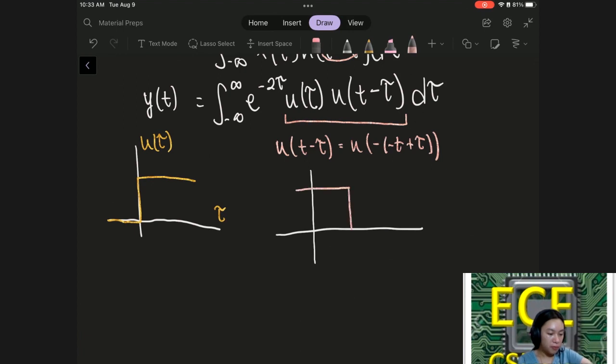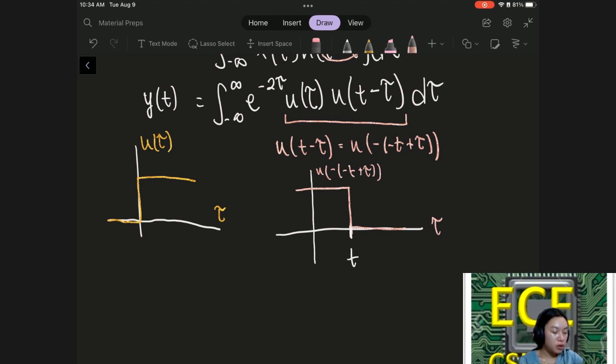And it's centered at t. This is t, and your variable is tau, and this is u of minus tau plus t. Because the negative flips it about the axis, and you're shifted by t.